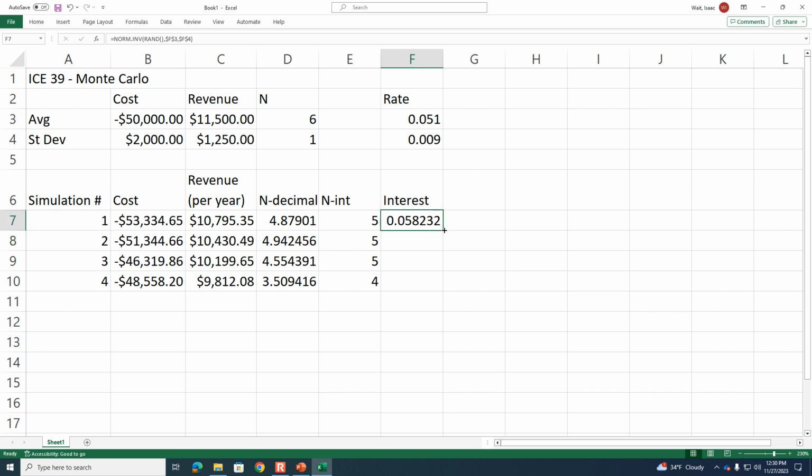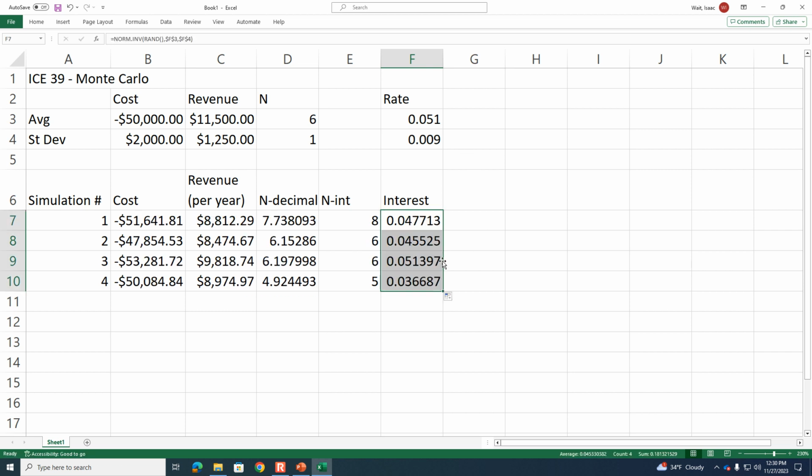And so now we've got, look at all the things that are varying: the cost, the revenue, how long it lasts, and the interest rate. And now that we have those things defined, what we can calculate is the present value for the project.